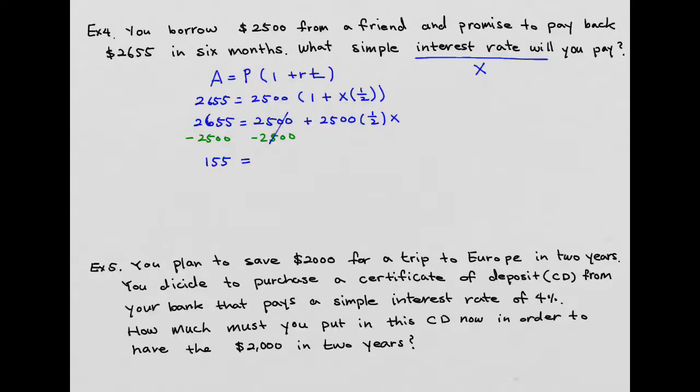You get 2,500, half of it. You can use a calculator, but half of that amount is going to be 1,250x. And then when you divide both sides by 1,250 to isolate x, you get x equals 0.124. This means your percent, you need to change to percent from the decimal. So move the decimal 2 places, and it will give you 12.4%.